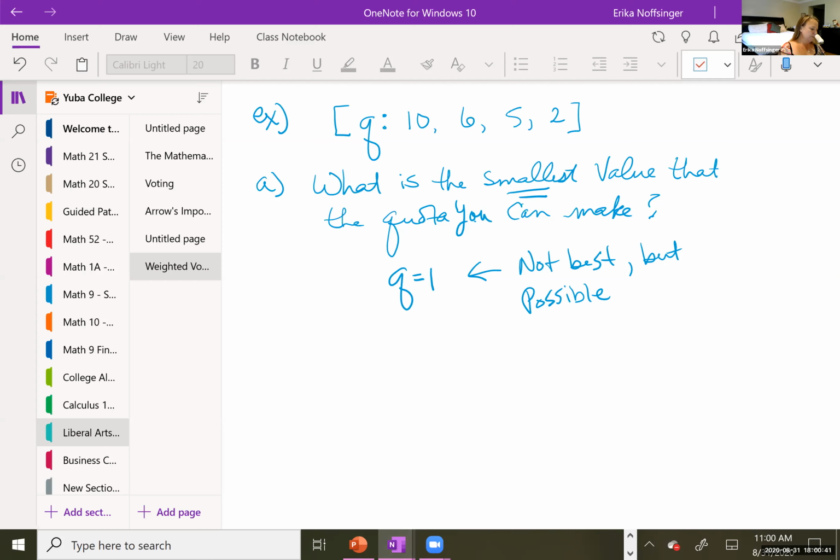Okay, so part B says, what is the largest value that a quota can take? In this situation, what is the largest value the quota can take?